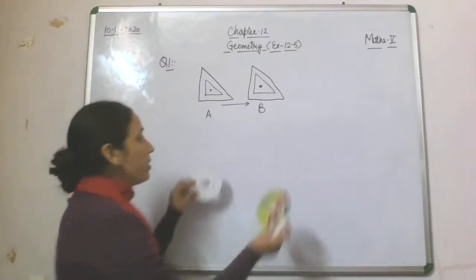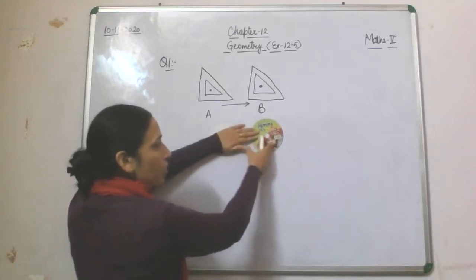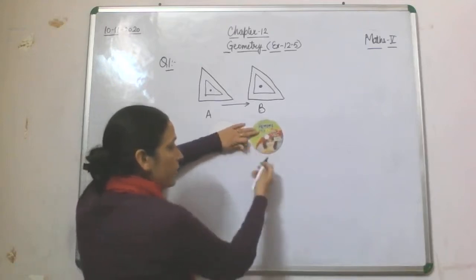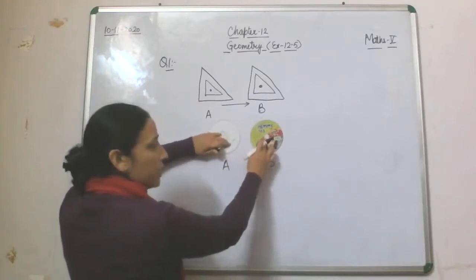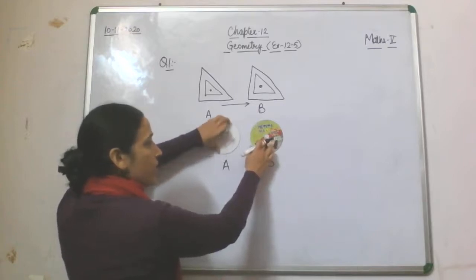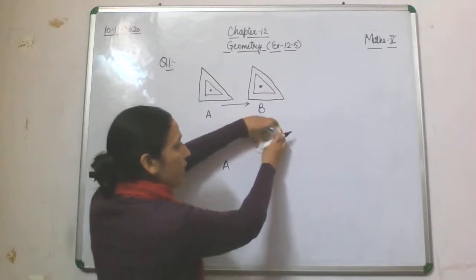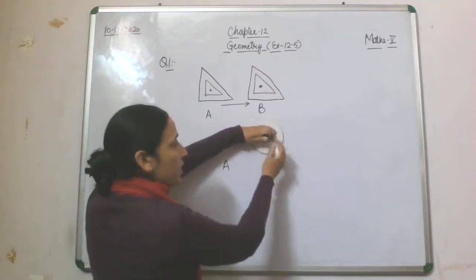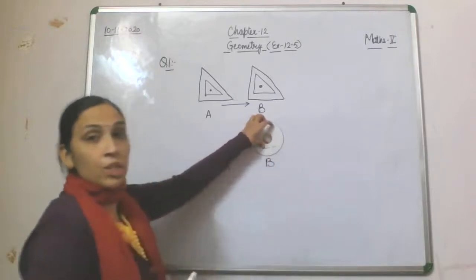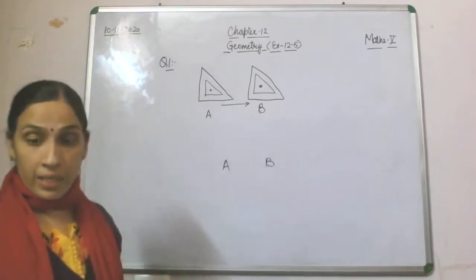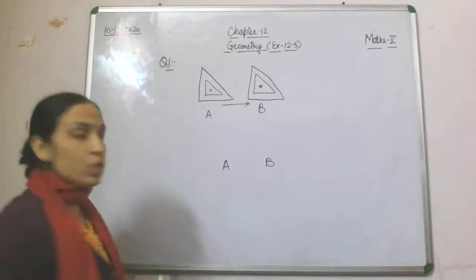If I ask here, is CDB the translated position of CDA? This is B and this is A. If I ask that CDB is the translated position of CDA, what will I do? I'll just slide it, and I will find that yes, this CD is getting covered by my position A shape. Then I am saying that yes, B is the translated position of figure A.